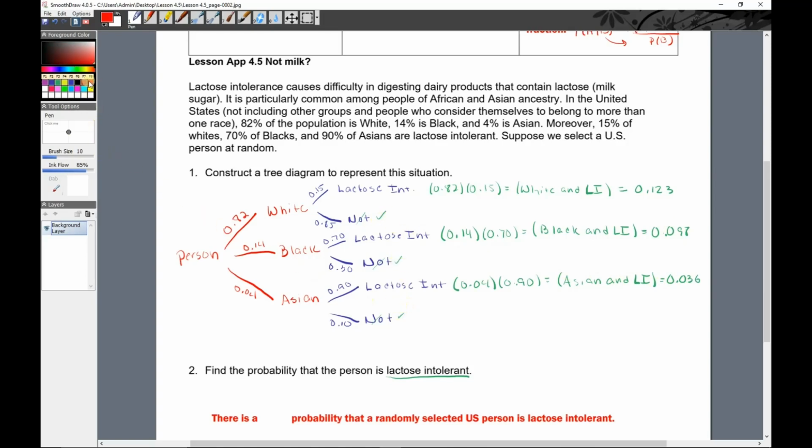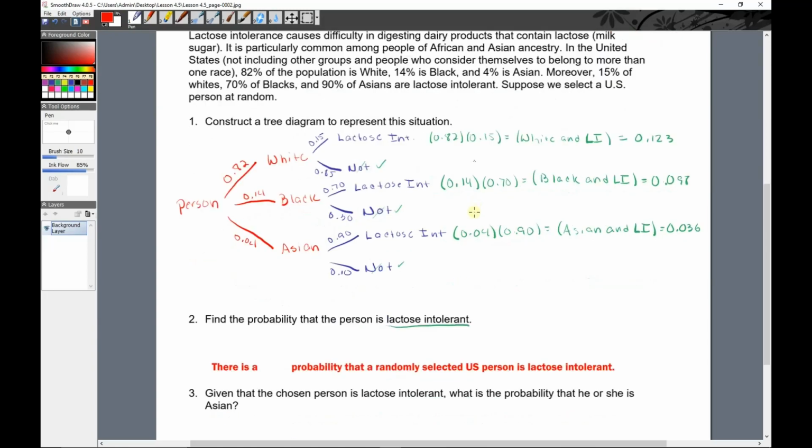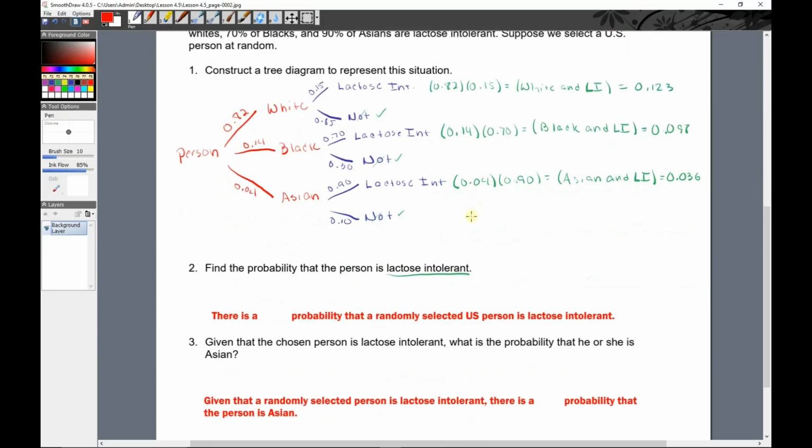I didn't need to. If this question had said, find the probability that a person chosen is not lactose intolerant, I would have gone through the tree for these 3 joint probabilities and skipped the ones that I did. So find the probability that a person is lactose intolerant. It's just going to be the sum of these 3. So let's write this out.